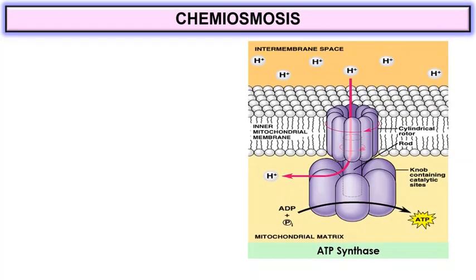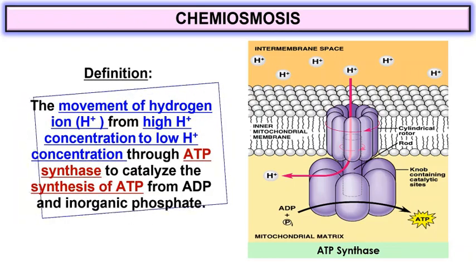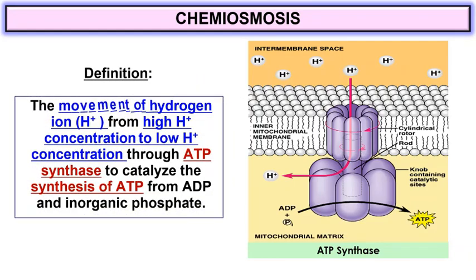When the ETC is completed, it is followed by chemiosmosis. Definition: the movement of hydrogen ion H+ from high H+ concentration to low H+ concentration through ATP synthase to catalyze the synthesis of ATP from ADP and inorganic phosphate.